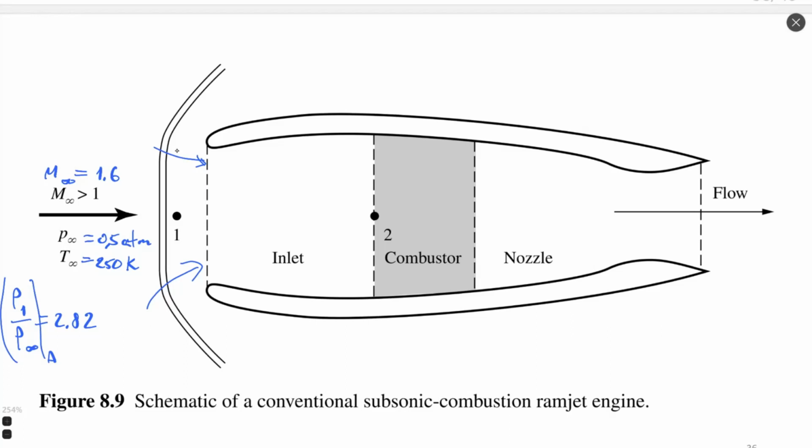Another from the book is temperature 1 by temperature infinite. From appendix A it was how much? 1.388. And the pressure ratio P01 by P0 infinite from appendix A was 0.9, 90%.